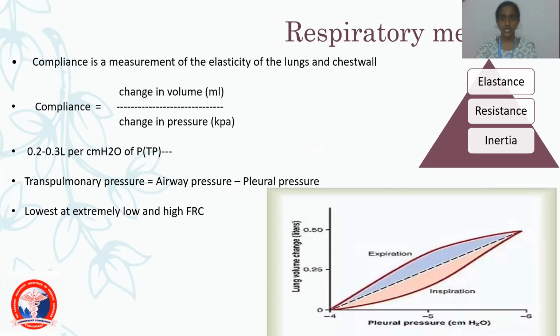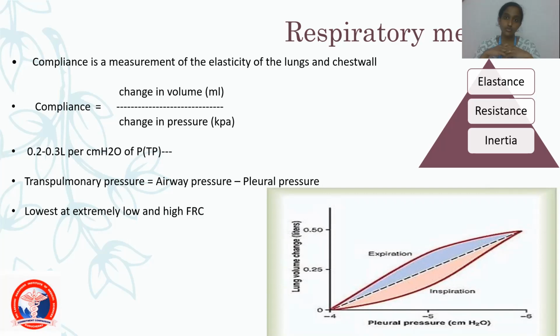So coming to respiratory mechanics, whenever we have the term respiratory mechanics, we should know certain terminologies thoroughly. These terminologies will further explain the physiology of respiration.